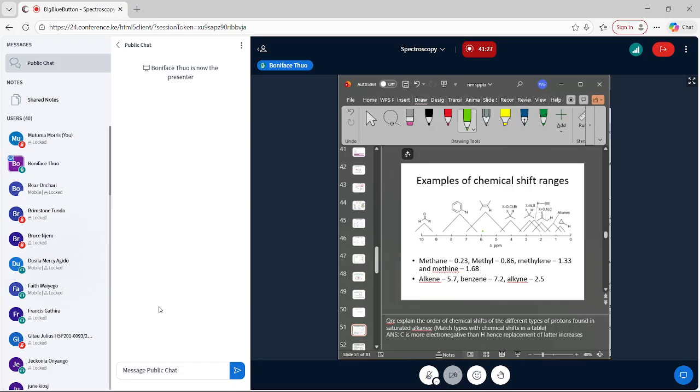So looking at the general position of the peak, you can have an idea what type of hydrogen it is.